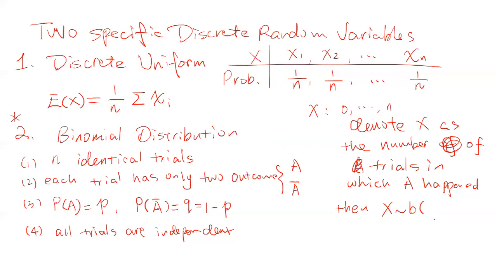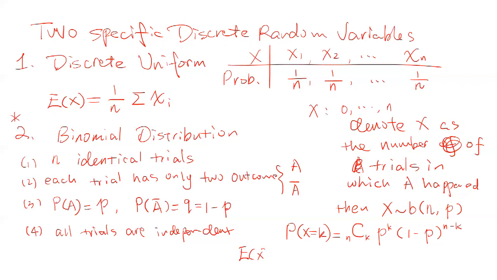The first parameter is n, the number of total trials. The second parameter is p, which stands for the probability of A happening. The probability of X being any value k is given by this formula, C(n,k) p^k (1-p)^(n-k).